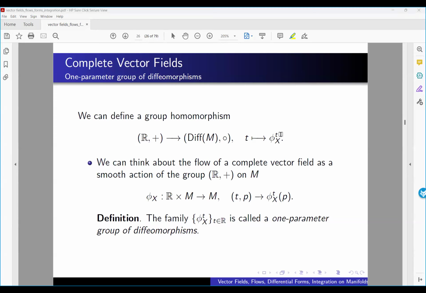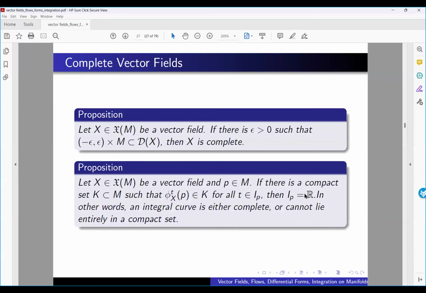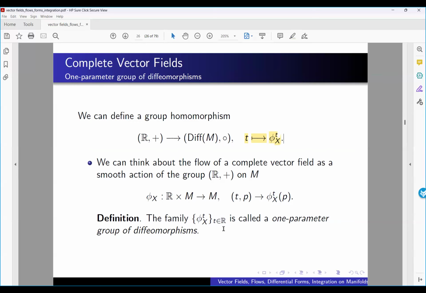And then t runs into this diffeomorphism. We have this diffeomorphism, and this is called a one-parameter group of diffeomorphisms.